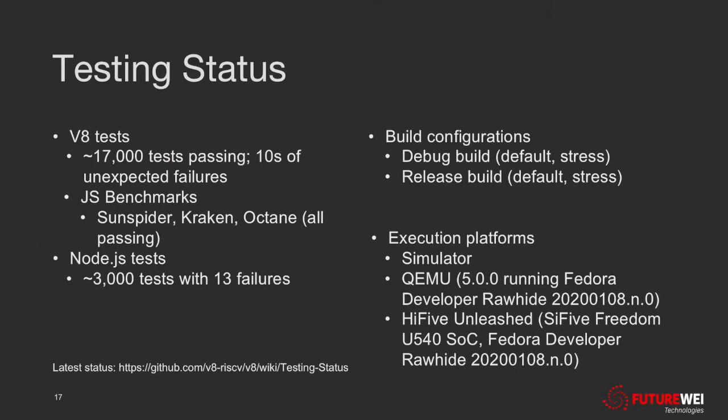And we are also able to run the JS benchmarks that V8 is tracking, SunSpider, Kraken, and Octane. And we also tested on different configurations, including the debug build, release build, and also the real board and the simulated run and QEMU. So all of them are passing.